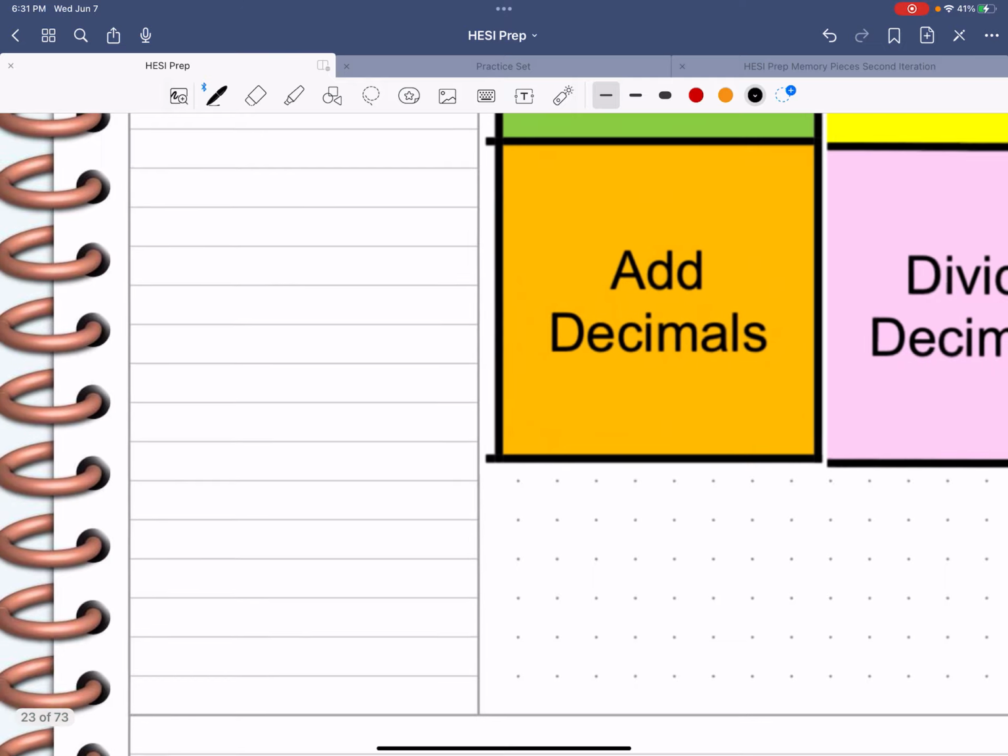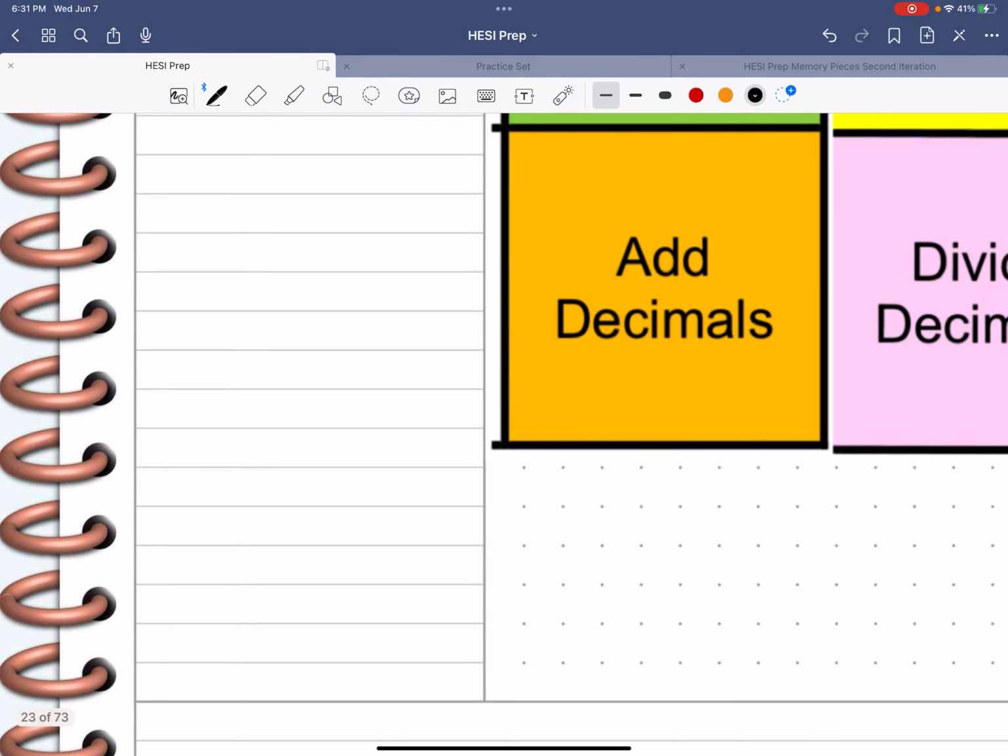If you want to add decimals or find the sum, let's do 3.96 plus 2.085. And I'm going to add one up here at the top. Let's do 115.